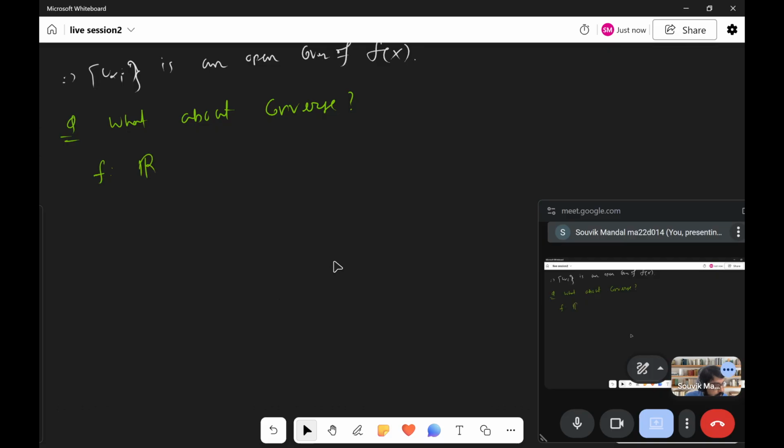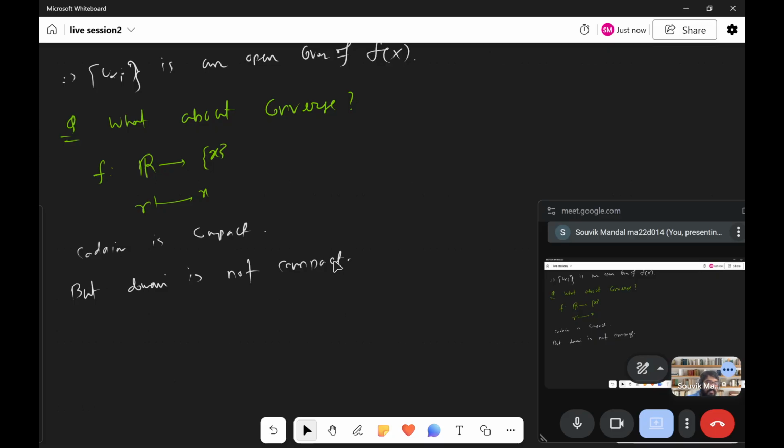Have a map F, x to some singleton x. The map is R going to the singleton x. So clearly the codomain of this function is compact, of course, but the domain is not compact, okay?